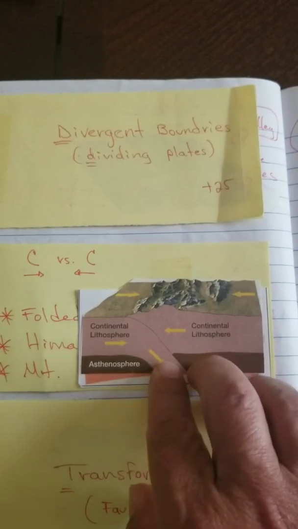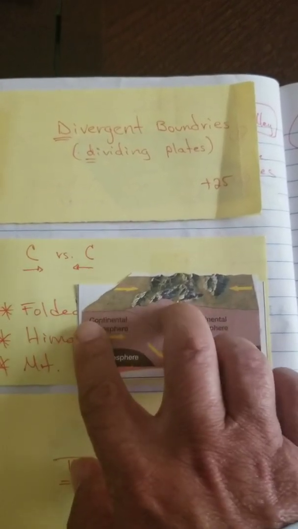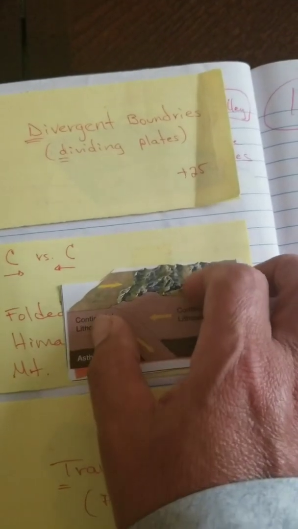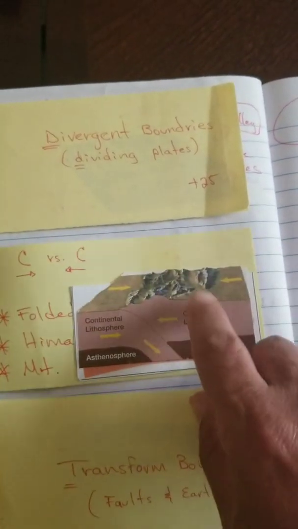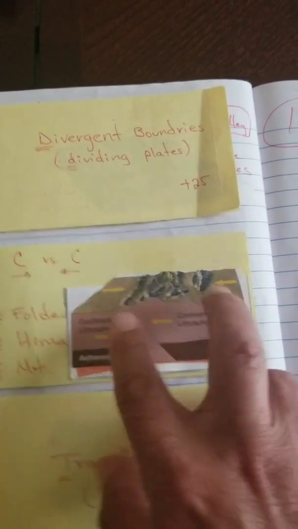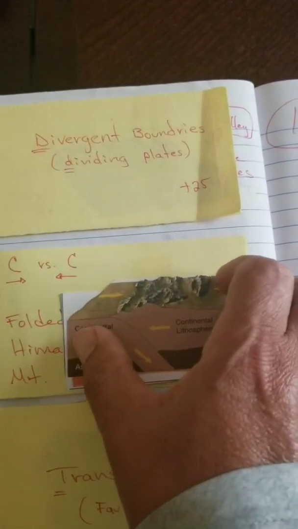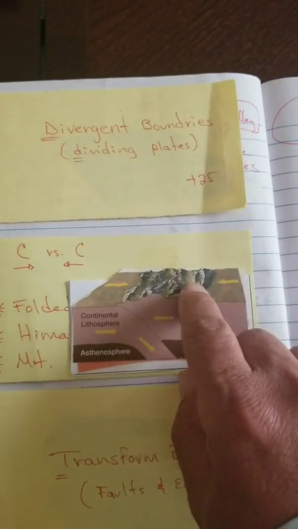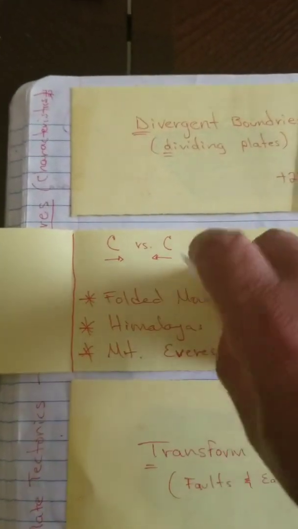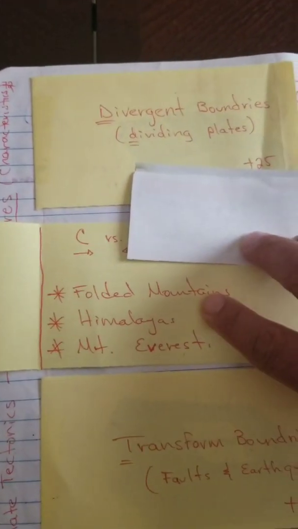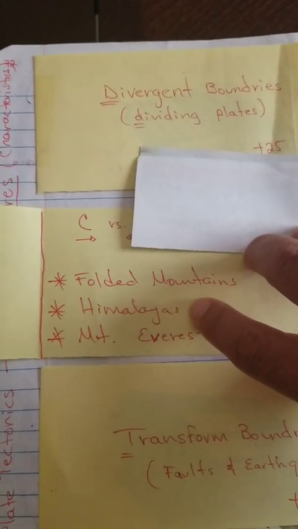And instead of one sinking, most of the time we can have two plates as they collide building up. That's why these mountains are going to be formed, because neither of them will sink. Both of them are going to be growing up a mountain, right?